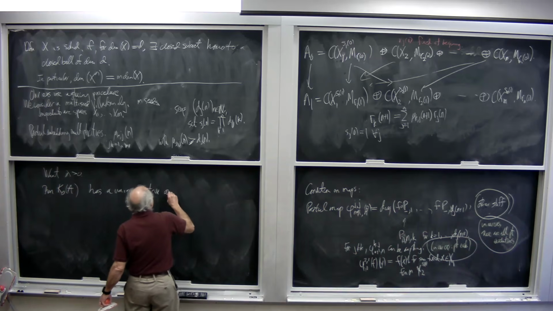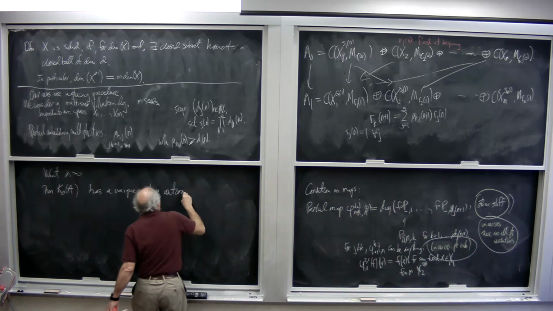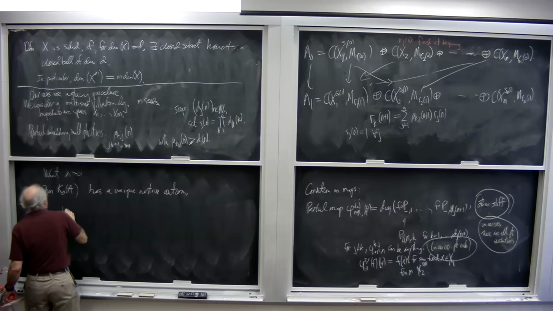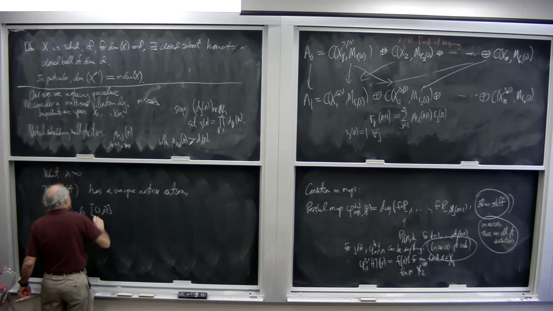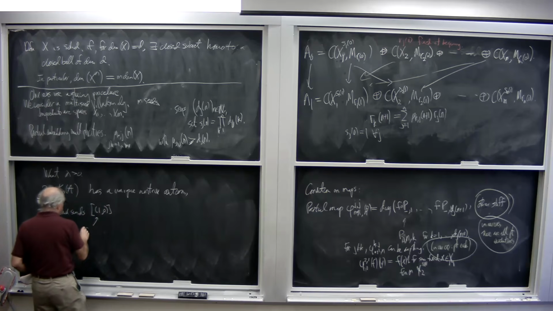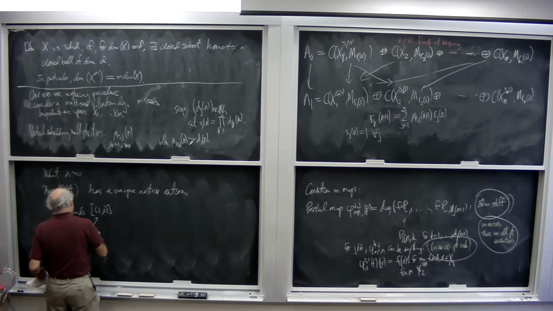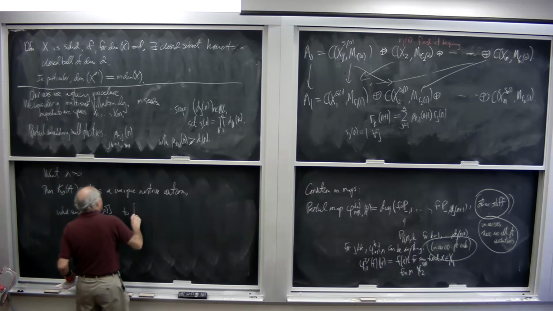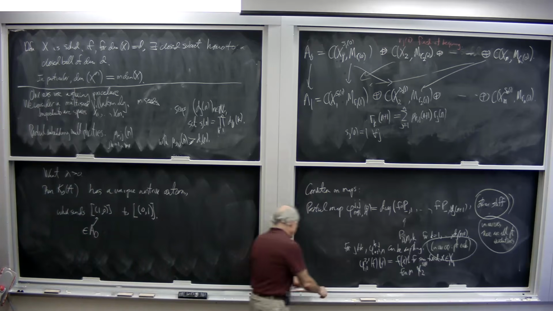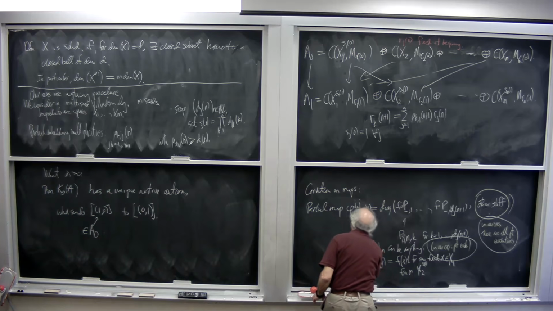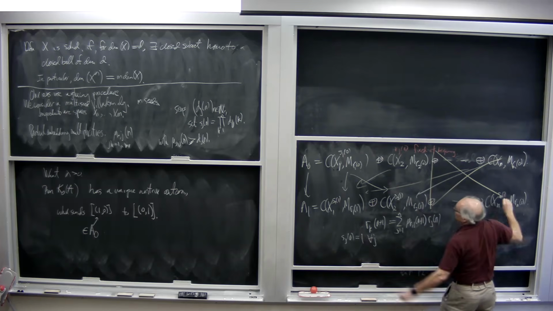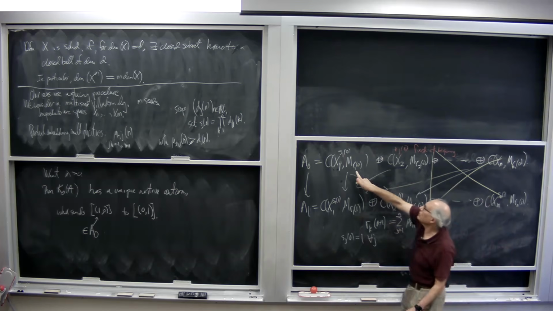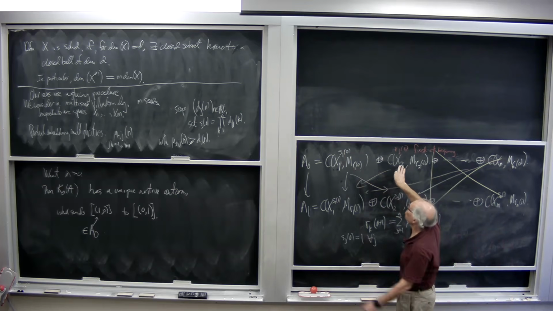The automorphism sends the class of (1, 0) to the class of (0, 1). So over here I just got this part, I just got that part, and that's 1, and that's 1, and those two spaces are the same.